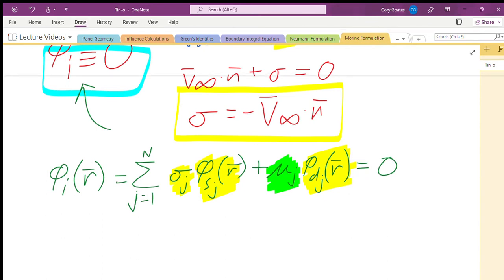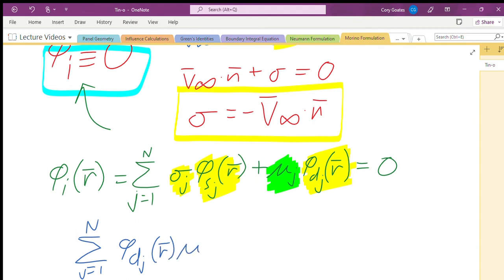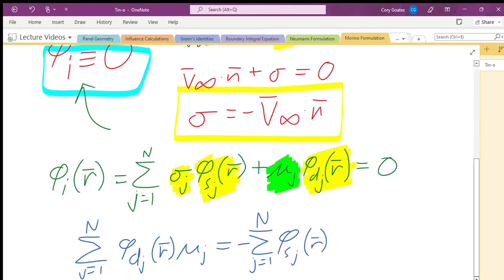We will write this as the sum from j equals 1 to n of phi dj at r times mu j is equal to negative the sum from j equals 1 to n of phi sj at r times sigma j.